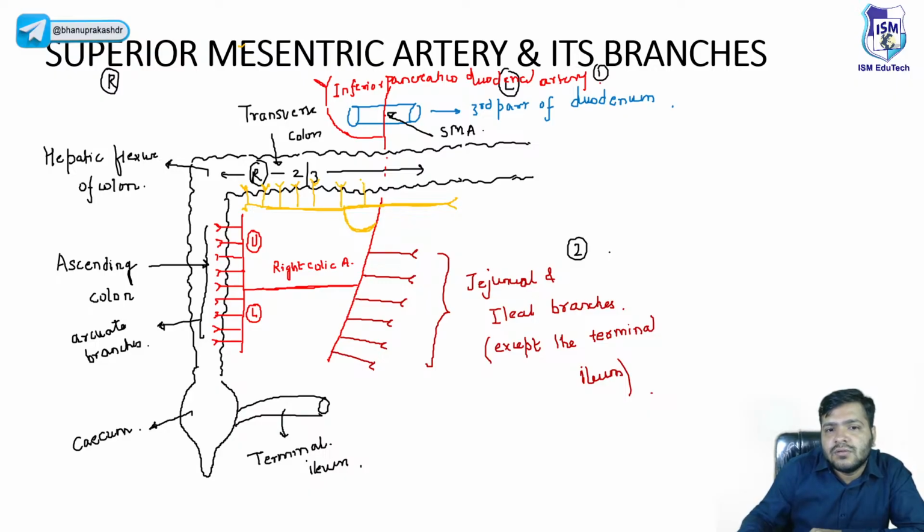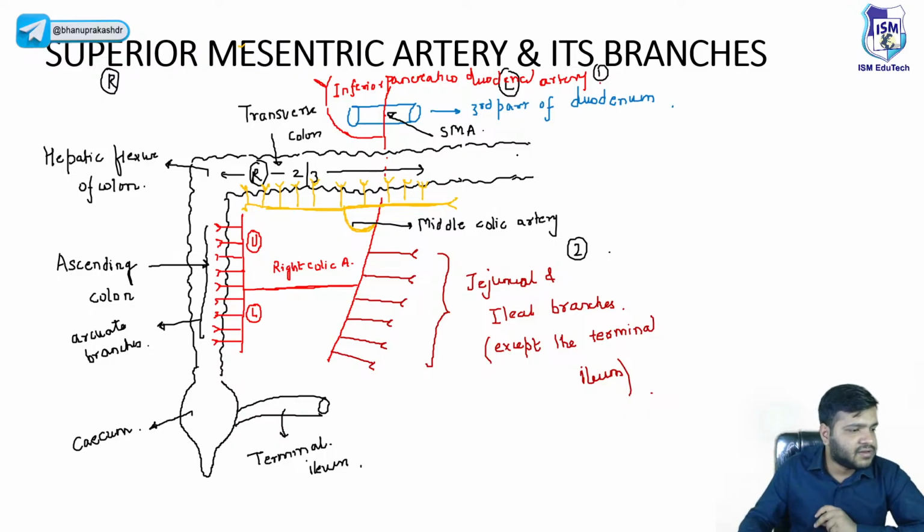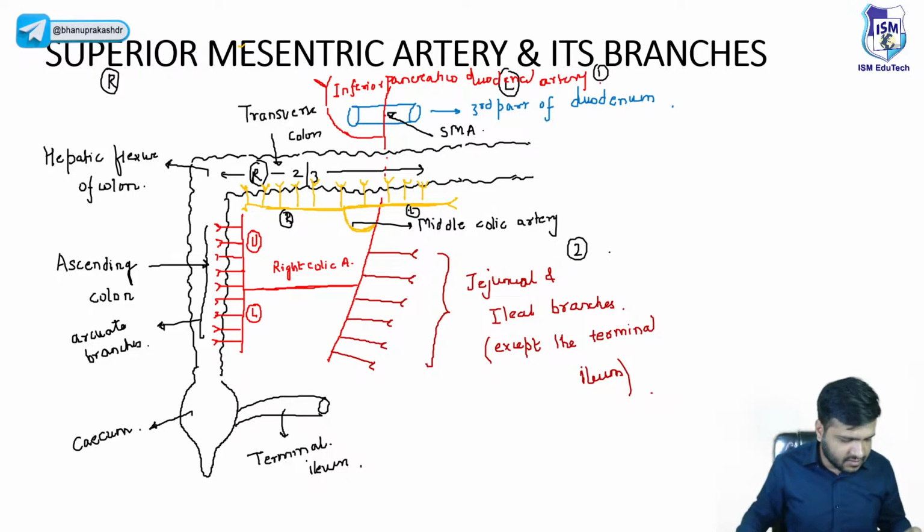So remember guys that this is the middle colic artery, and it is dividing into the right part and the left part, and again it is giving numerous branches, right?